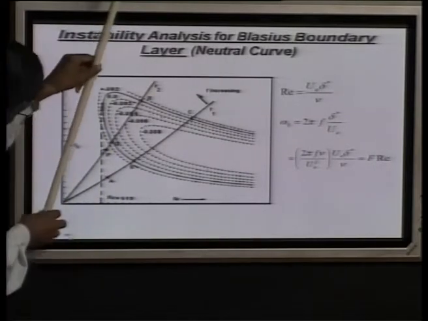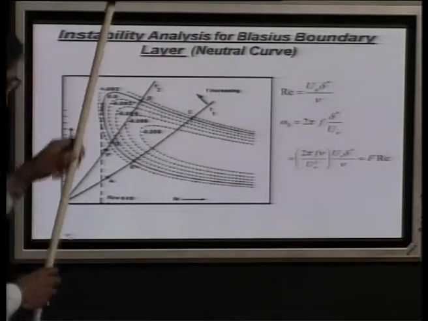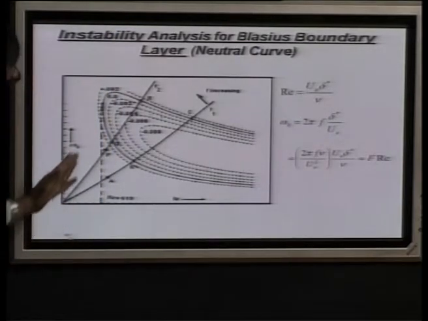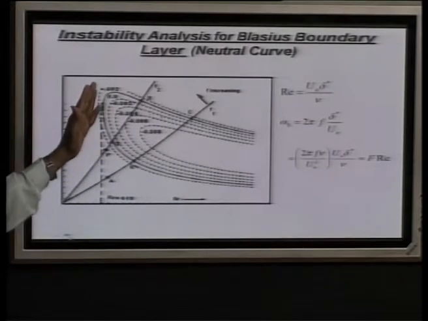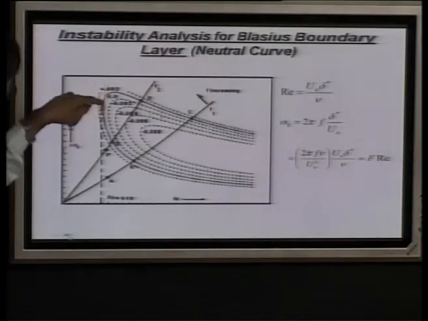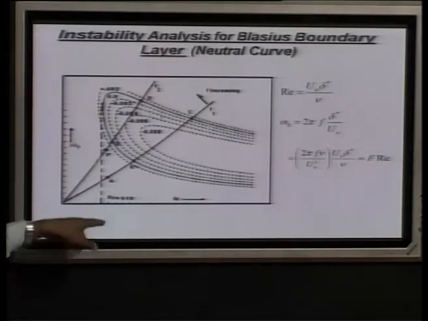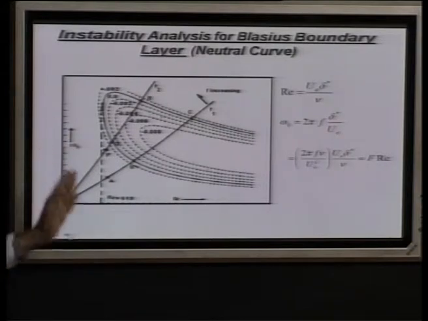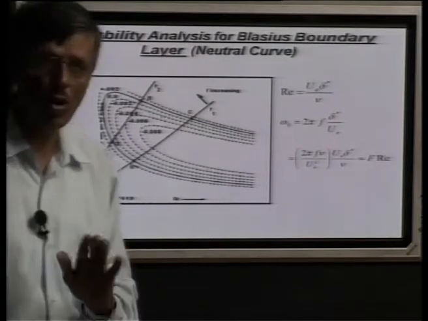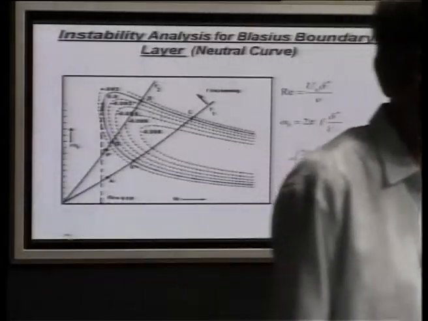So, this limiting position where a straight line drawn from the origin simply touches this neutral curve defines a Reynolds number below which flow is stable for all frequencies. Okay.